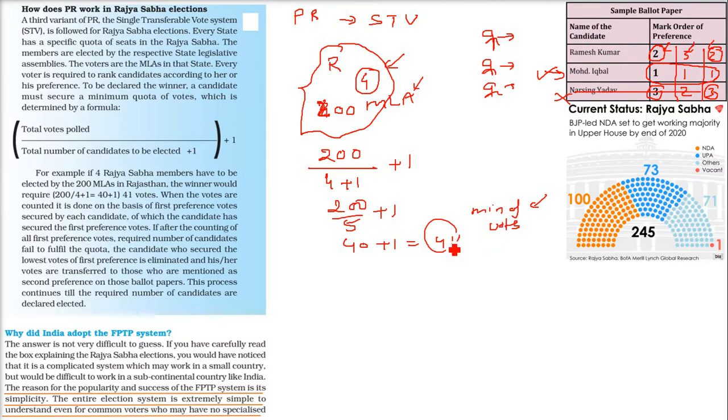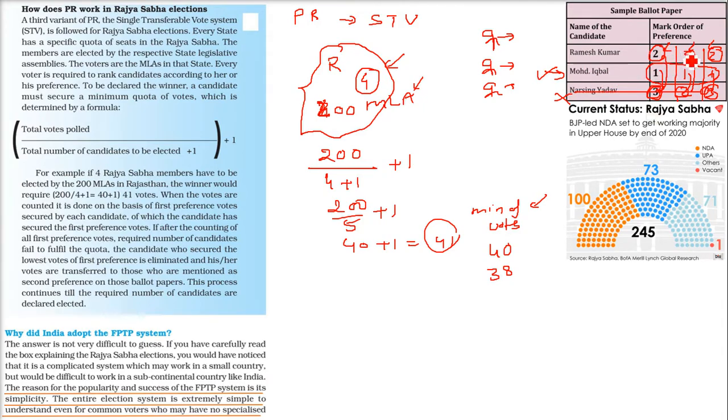He has secured 41 and he has got first preference. But for example, if Mohammad Iqbal is not getting this 41 votes, he is just having 40 and Ramesh Kumar is having, say, 38. So what will happen? The votes being given here are transferred to them. Narsingh Yadav's votes are transferred to Ramesh Kumar and Mohammad Iqbal.